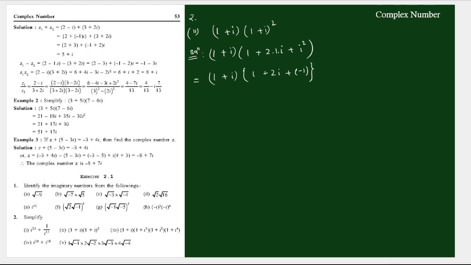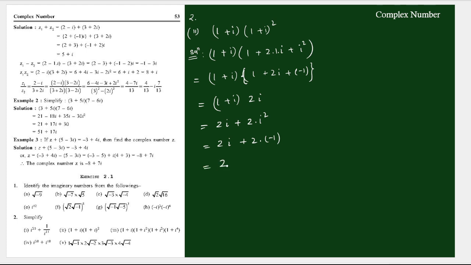So plus 1 minus 1 becomes 0, and here we have 2i. Now multiply with 1: 2i plus 2 into i squared, so 2i plus 2 into minus 1.